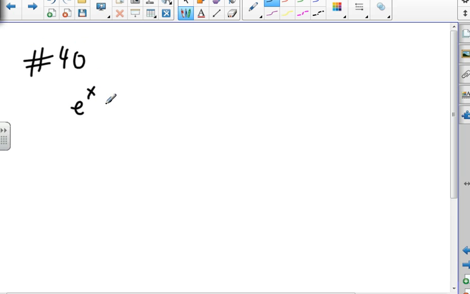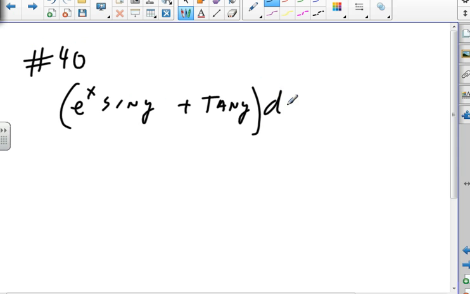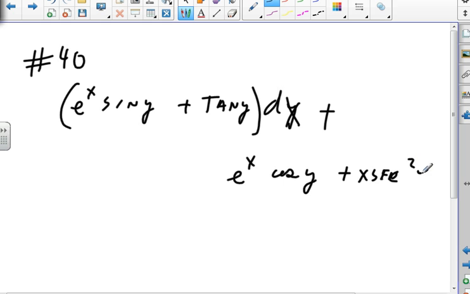e to the x sine y plus tangent y dy plus e to the x cosine y plus x secant squared y dx dy. Anyway, something, d something or other, is equal to 0.